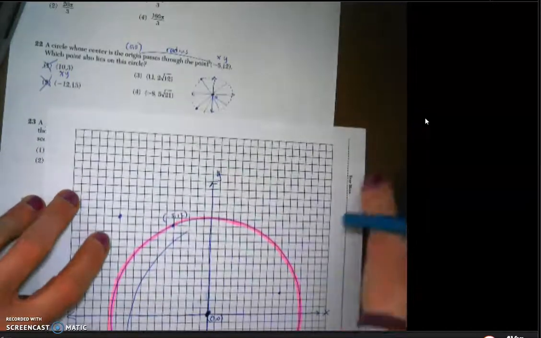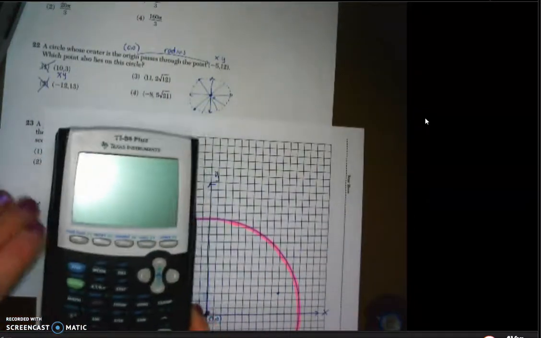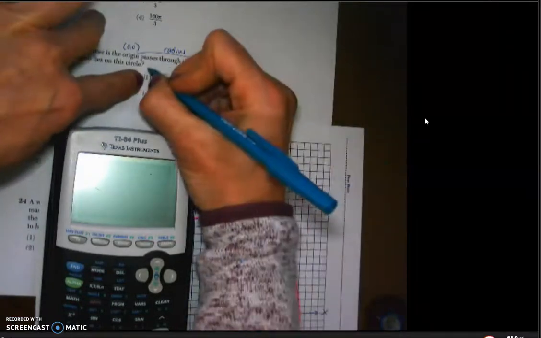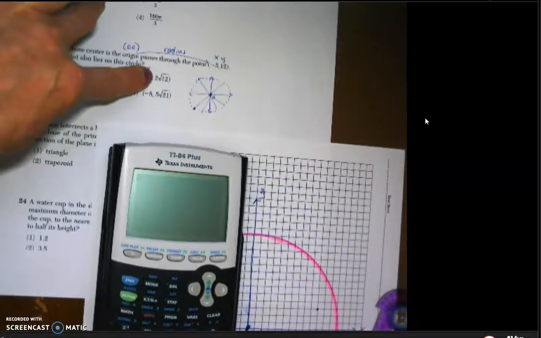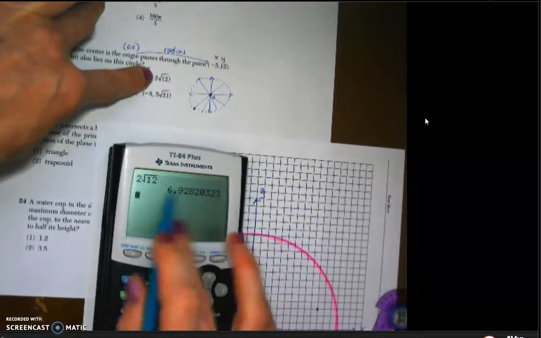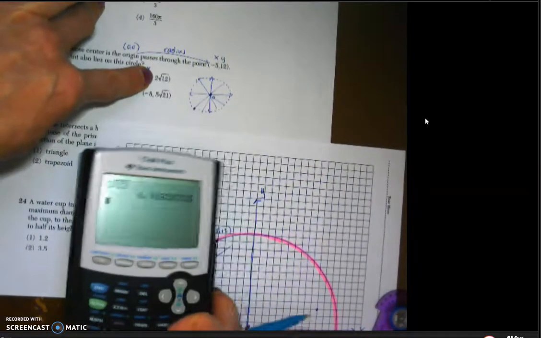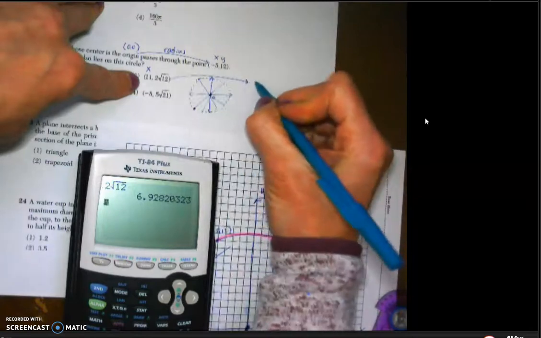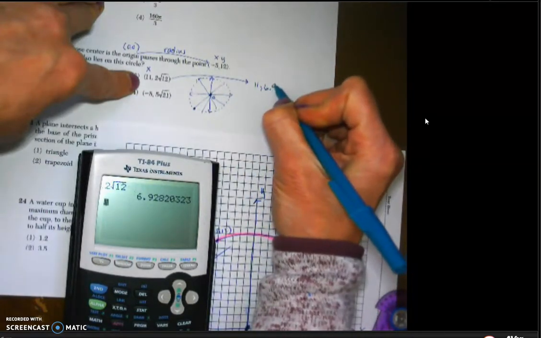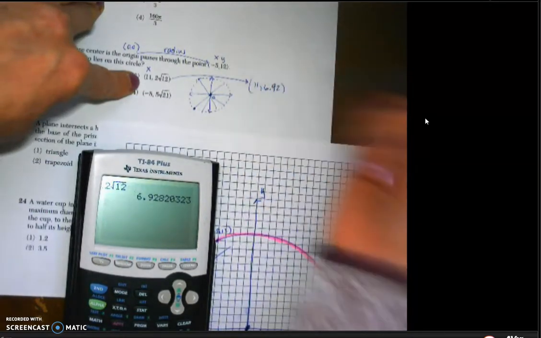Now they give me two more choices with radicals in them. So it's 11. That's going to be 11 units along the x-axis. And then if you just use your calculator, you put in 2 times the square root of 12, and that's going to give us an approximation: 6.92. So this point is going to be 11, 6.92, so almost 7.